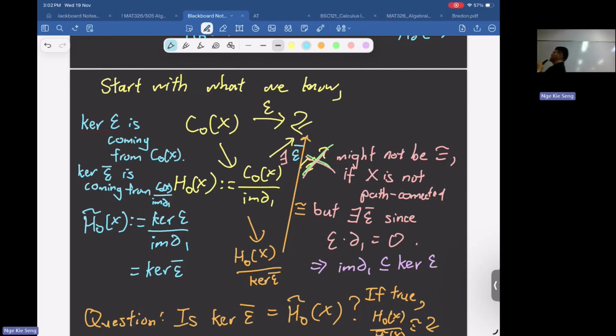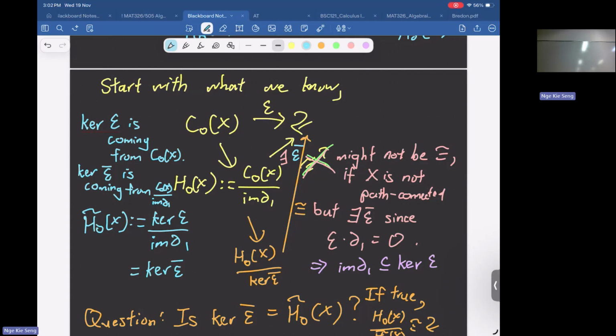Okay. So the kernel of epsilon bar has to be a coset, a coset quotient by image of delta 1. But why is it just kernel of epsilon? Is this easy to see? Obviously, kernel of epsilon over image of delta 1 should live inside here, because it already gets sent to 0, so after the quotient it should go to 0 as well.